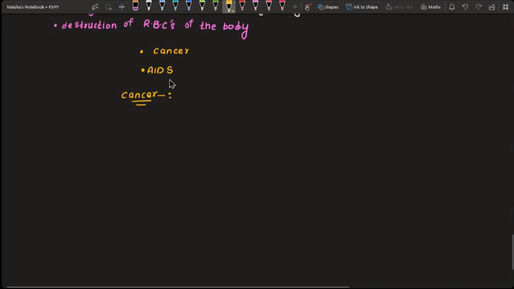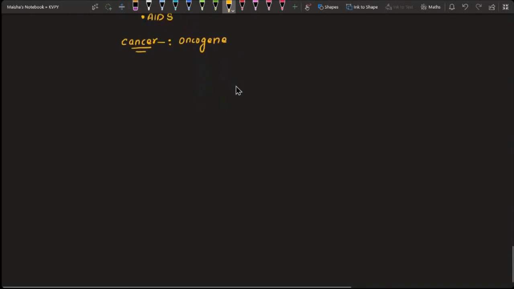So obviously cancer is caused by a group of factors. Cancer occurs when a kind of gene present in the body, an oncogene, which is actually present in an inexpressible form, starts expressing itself due to causative factors.